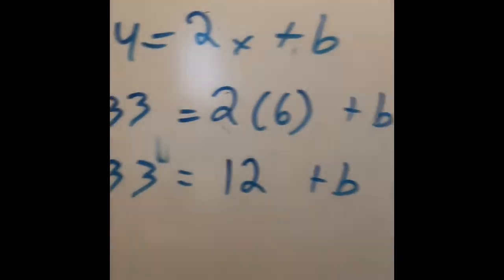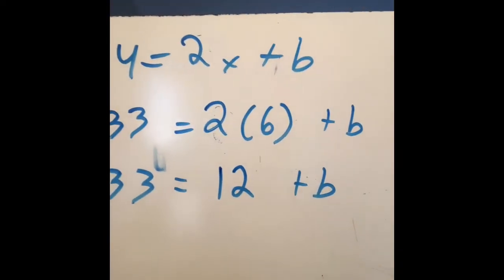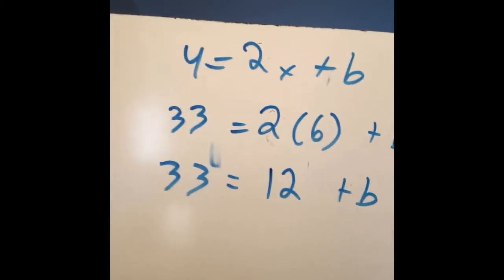So 33 equals 12 plus B. So a step ahead of myself. Subtract 12 from both sides.